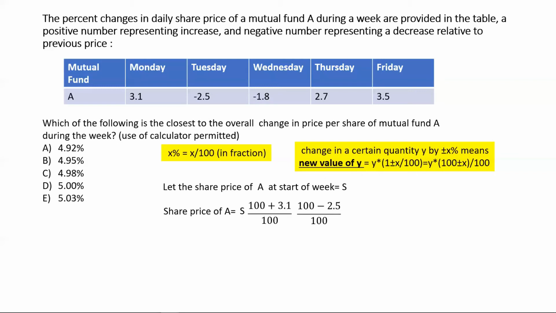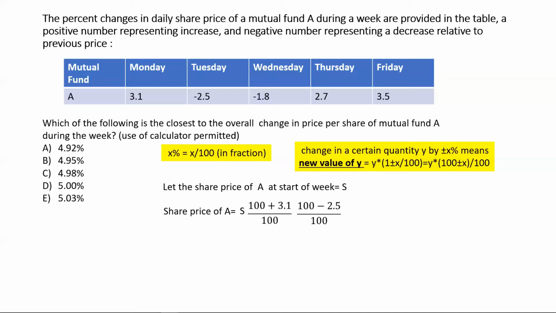So what would be the share price at the end of Wednesday? Well, that's a decrease of 1.8% relative to what? Relative to the share price at the end of Tuesday. And what is the share price at the end of Tuesday? Well, we have already found it out so far, right? So that's S multiplied by (100 + 3.1) divided by 100 multiplied by (100 - 2.5) divided by 100.